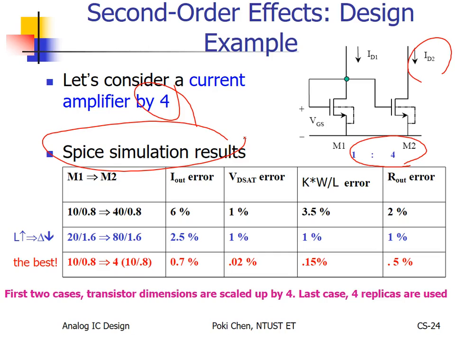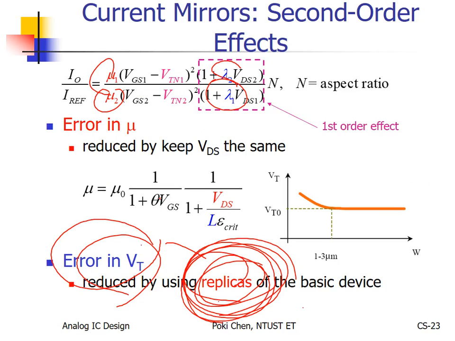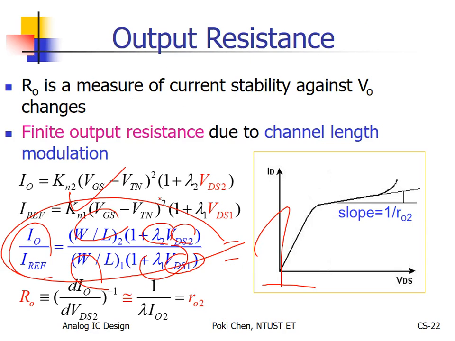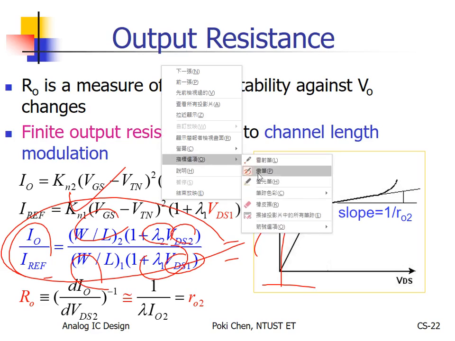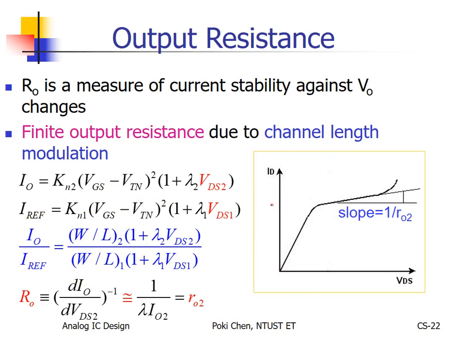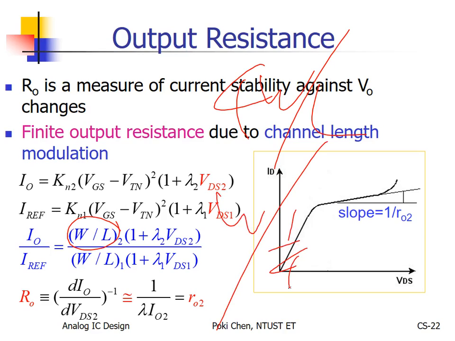Anyway, you can see, according to our equations, in theory, only if the aspect ratio for M2 is 4 times larger, I don't care whether you have this one or that one as you like.